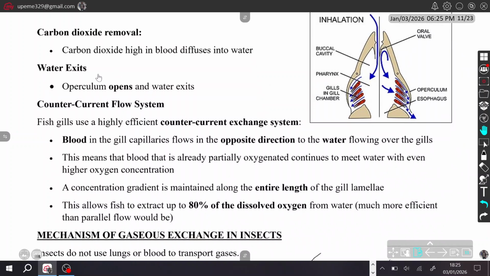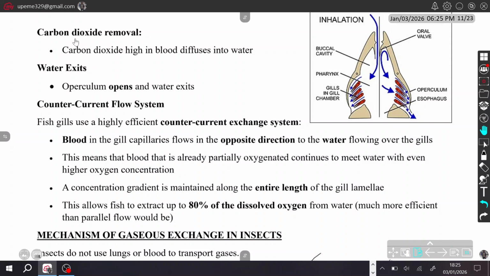Let's talk about carbon dioxide now. Carbon dioxide removal. Carbon dioxide, now high in the blood, diffuses into the water. Okay, so let's talk about water exit. The operculum opens and water exits.